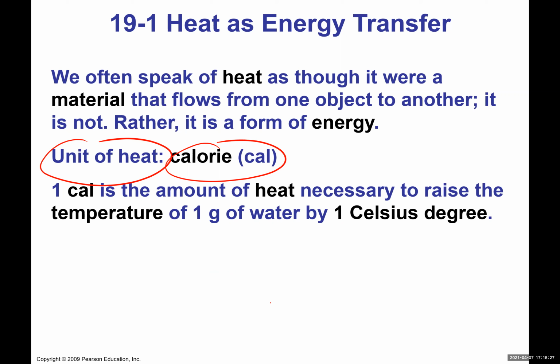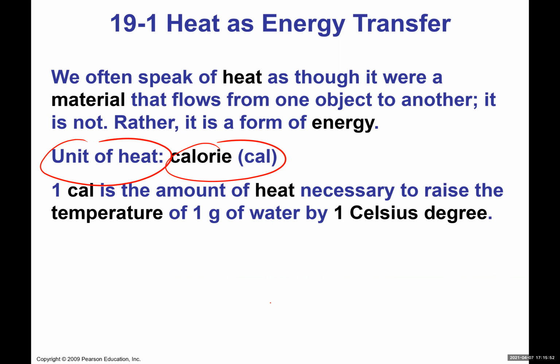But that's kind of what we have. This calorie is just the amount of energy moved into the system or out of the system in order to change the temperature, for example. The calorie, as I said, is still used in some chemistry classes, but it is also used in the food industry.